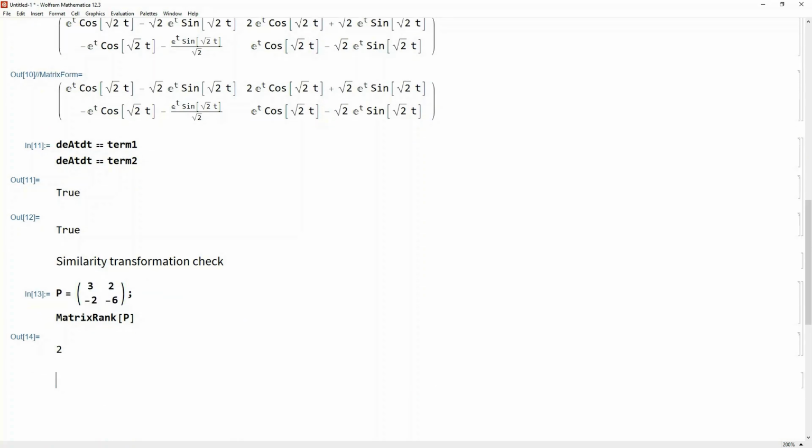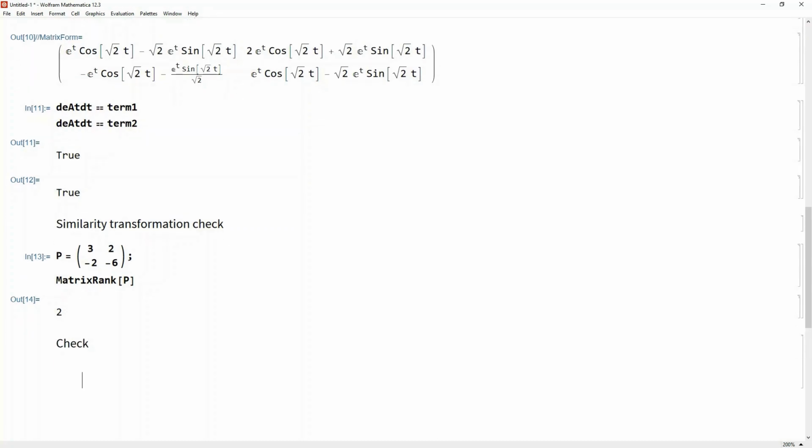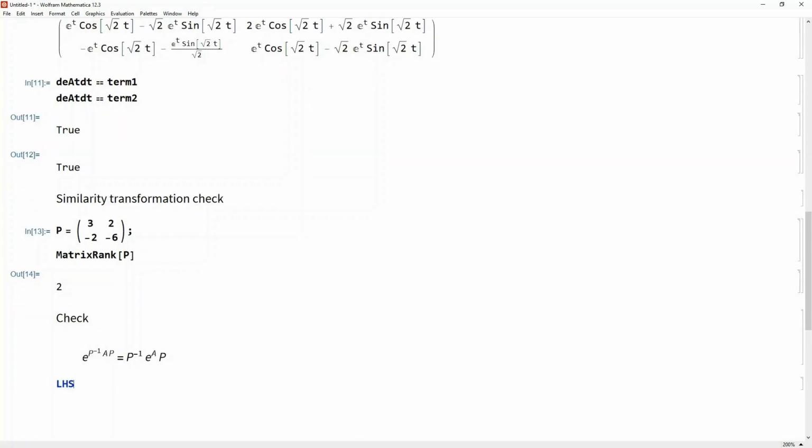So what I want to check now is that the property we showed earlier, namely e to the P inverse AP, is the same thing as P inverse times the matrix exponential of just A times P, right? So let's go ahead and calculate the left-hand side of this.